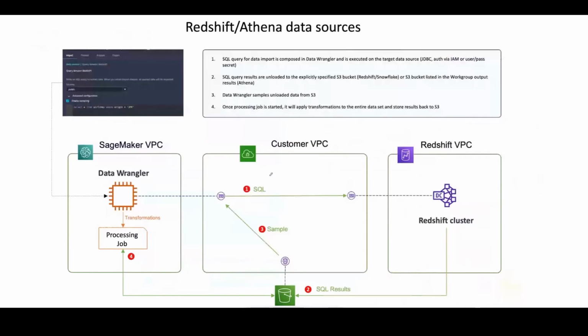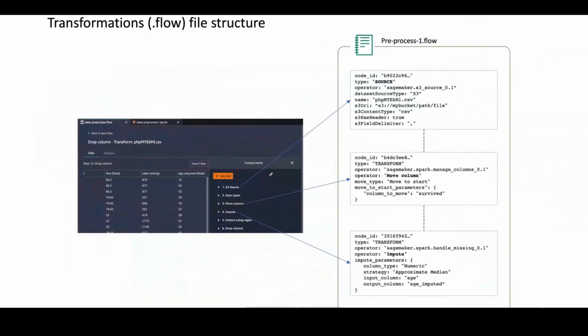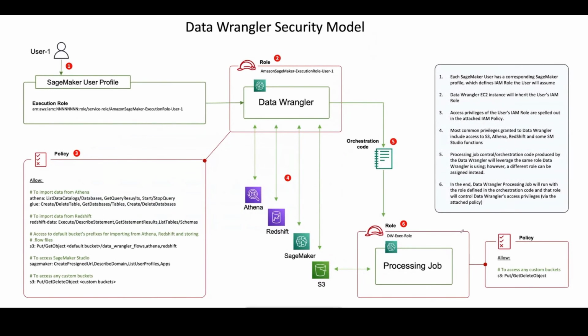I think that's all I wanted to cover. Another look at the flow file. You can see here how each and every transformation results in certain XML structure, which really refers to Spark libraries that the data pre-processing container implements.